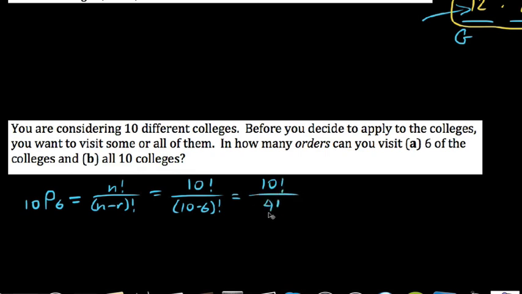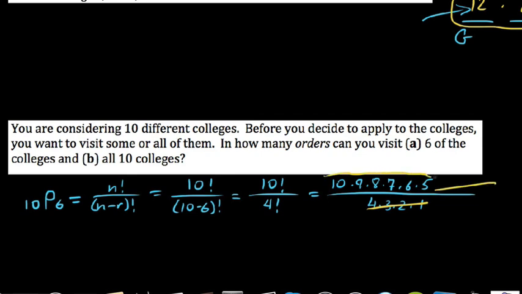So we are going to simplify this now. We say 10 factorial over 4 factorial. I don't want to have to write all this out. 10 times 9 times 8 times 7 times 6 times 5. I don't want to write it all out because when I write out the bottom here, I just want you to realize this. Get used to this canceling out thing. This 4 times 3 times 2 times 1 that I didn't write out on the top, I didn't write it out because it is going to cancel out with those up here.